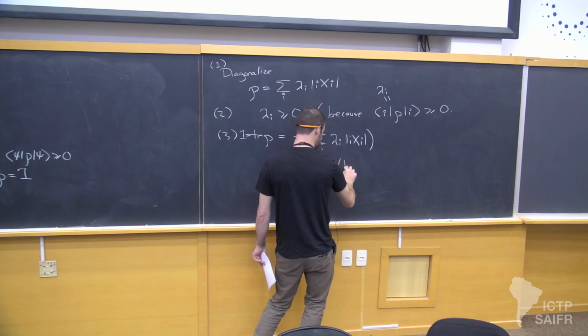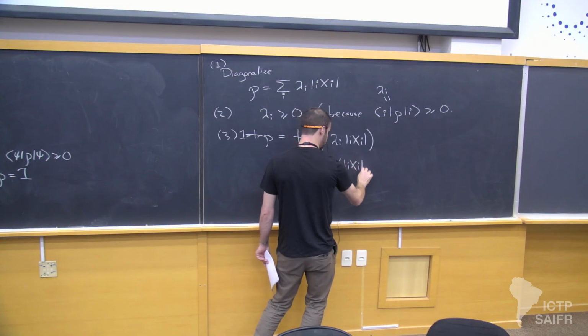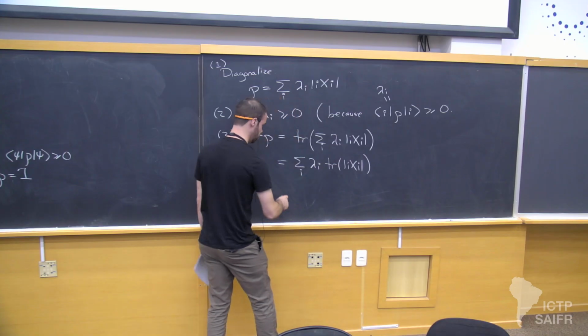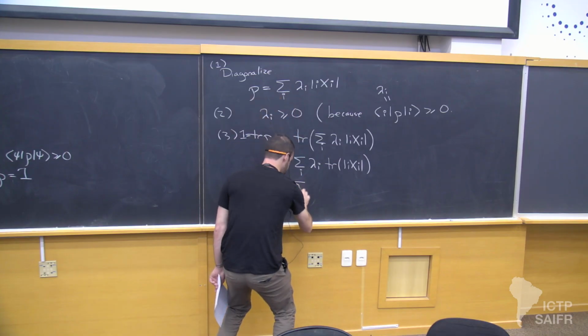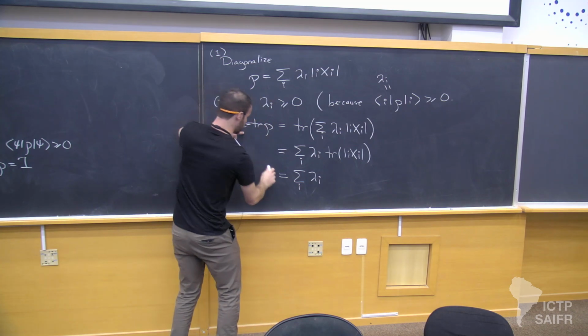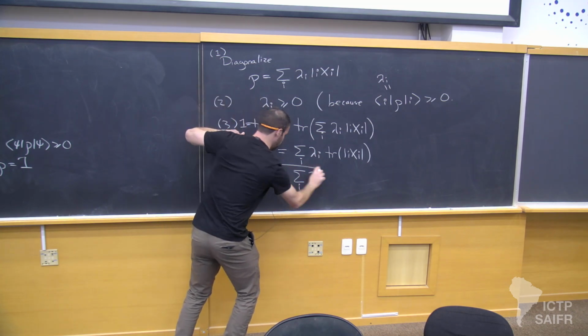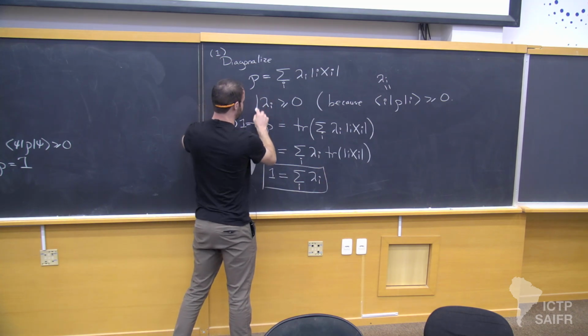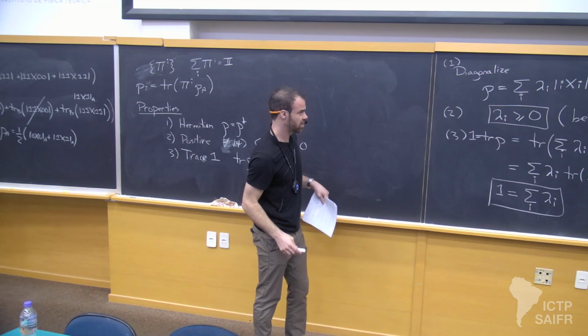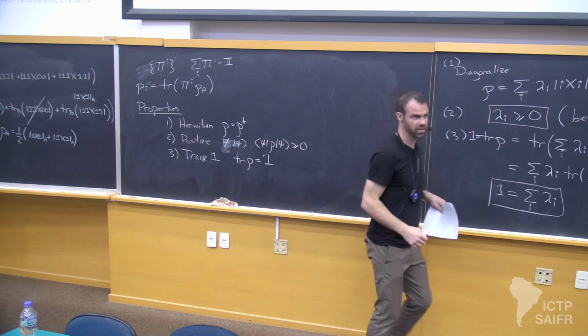I get trace of |i><i|, and then this is 1. So this is just the sum over i of lambda_i, which we said was 1. Okay, so we have a set of numbers. They're all positive, and they sum to 1.